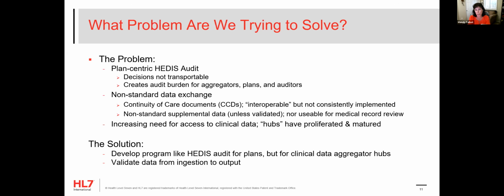Throughout the course of a HEDIS audit, a plan could be getting audited several times, the vendor could be getting audited several times, and it's a lot of burden to trace these data sources back to their point of origin. With the continuity of care documents being used during the audit, auditors were discovering that their quality was not always representing the source of truth, or what it was meant to represent.